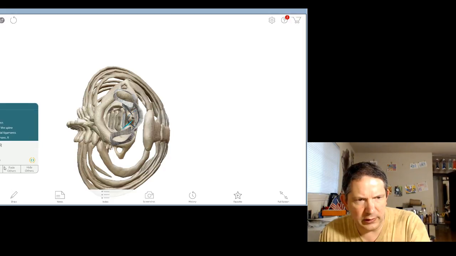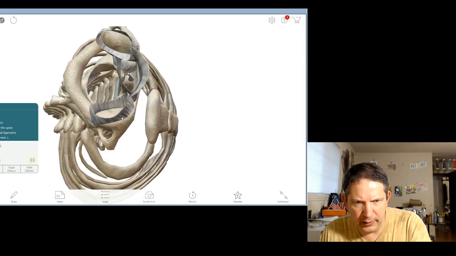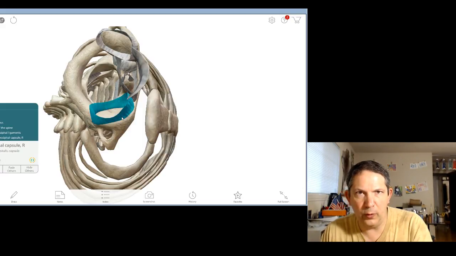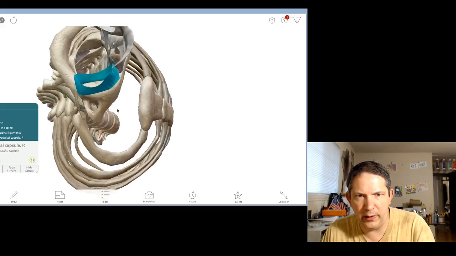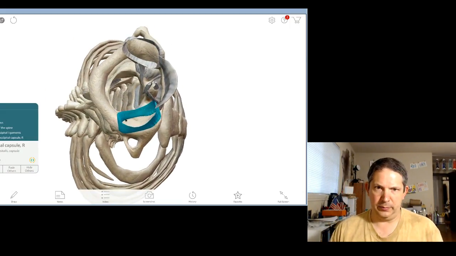I don't need to keep these ligaments, but let me just point out what they do. Here we have ligaments that help form a joint capsule with the occipital bone, right? So this is an atlanto-occipital capsule.